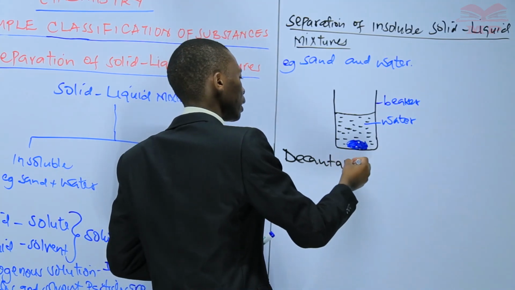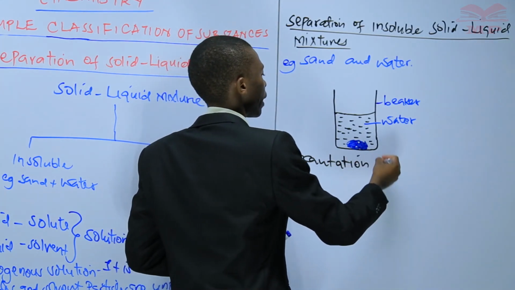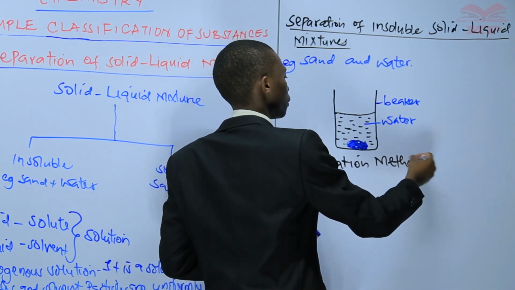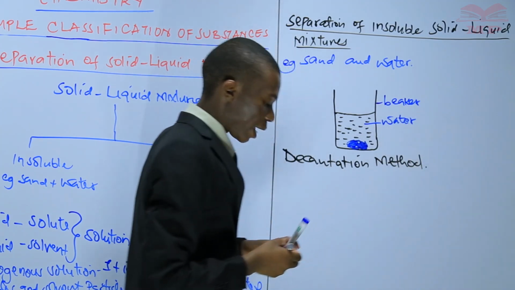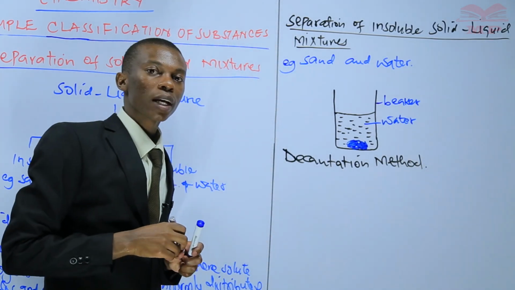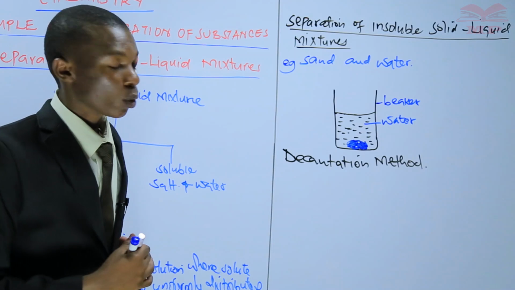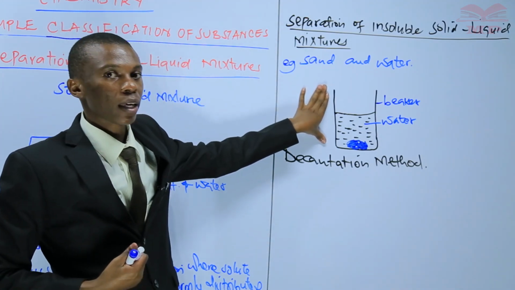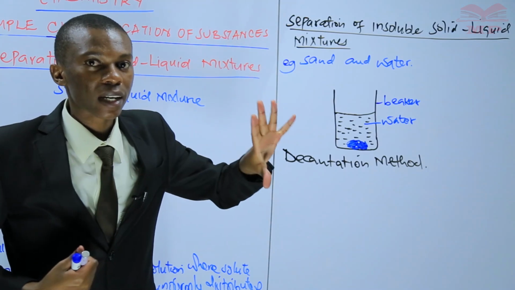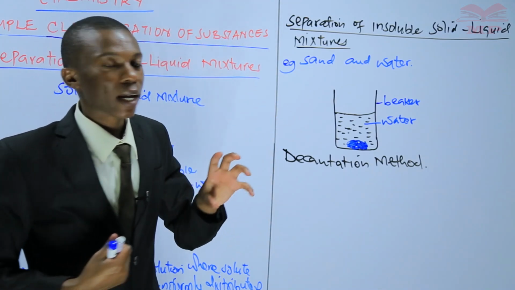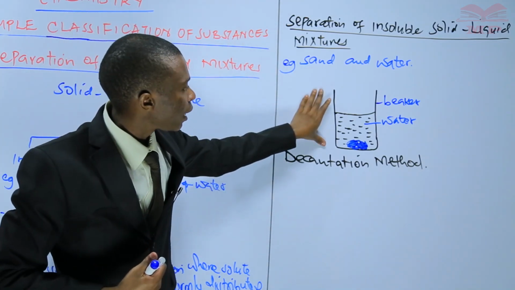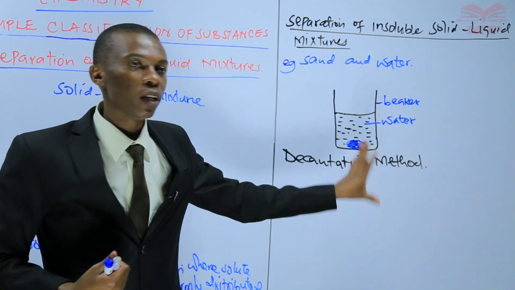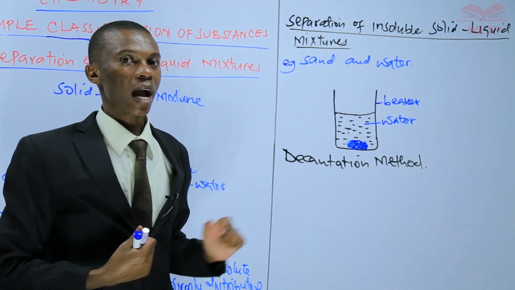We are discussing the decantation method. The decantation method happens when you allow this sand to settle, then you pick another beaker, then you pour the water carefully into another beaker, then you'll be left with sand at this point.